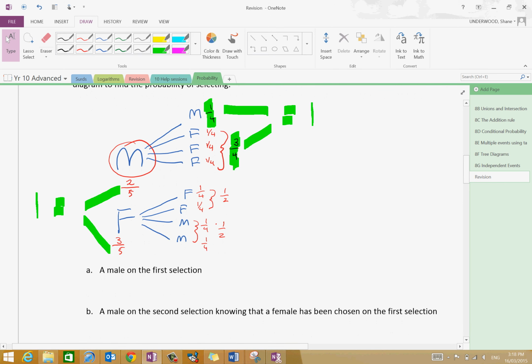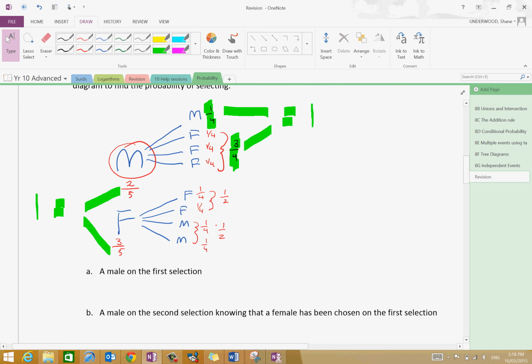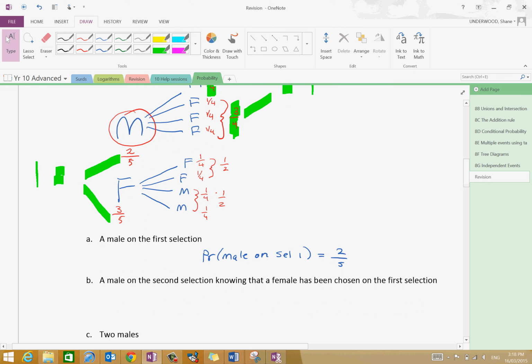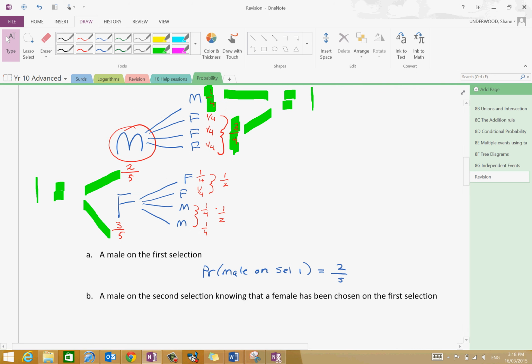Did we need to do probabilities? No, but I think that's a good way to do it, because then for the later, it says a male on the first selection. The probability of the male on selection 1 is equal to 2/5. A male on the second selection, knowing that a female has been chosen on the first selection. This is conditional probability.